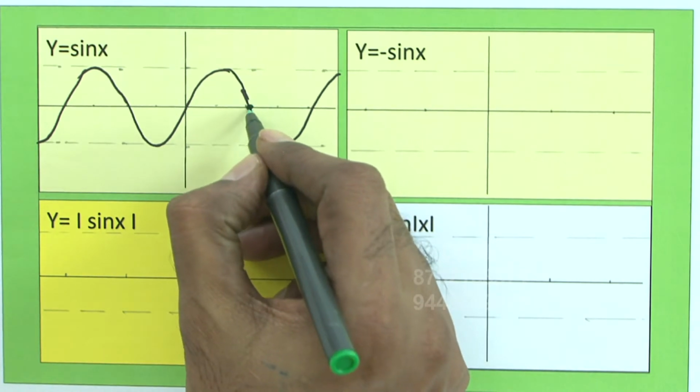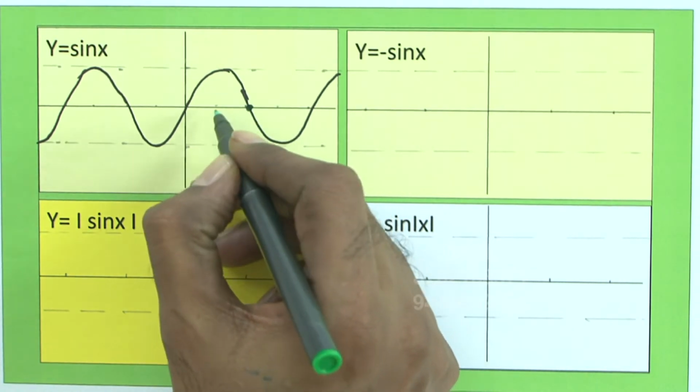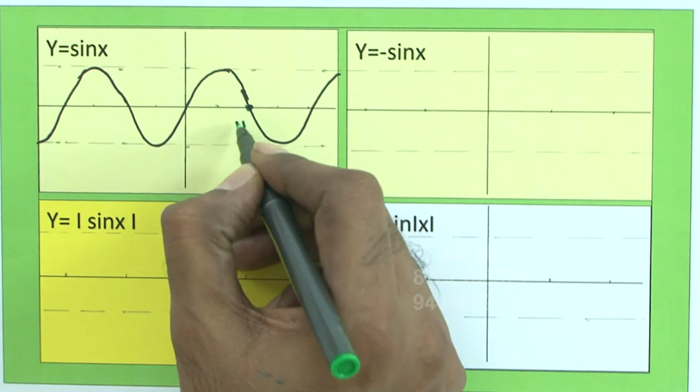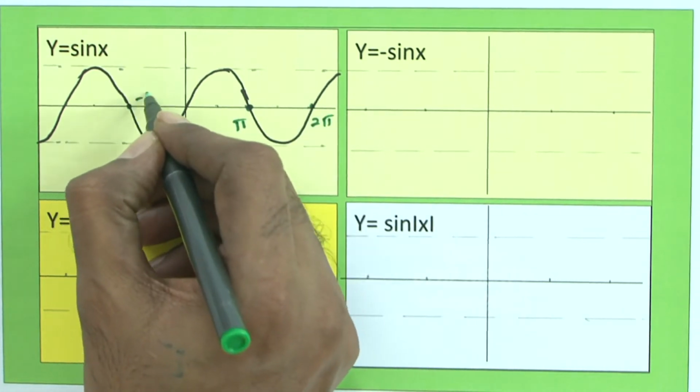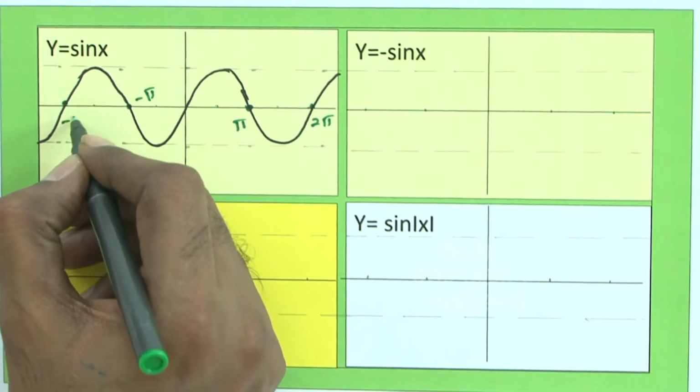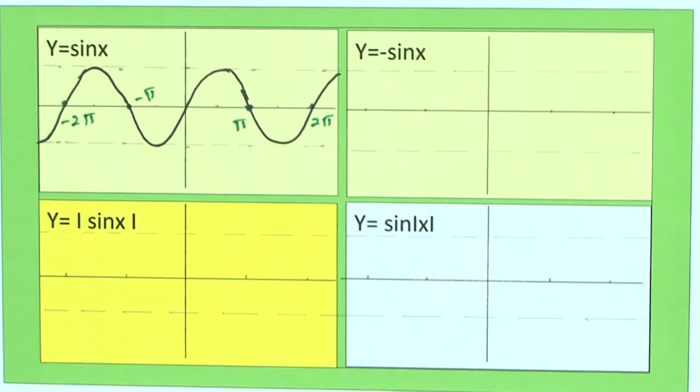So this is pi by 2 and this is pi, right? This is 2 pi, this is minus pi, this is minus 2 pi, right? So the graph of sin x is like this.